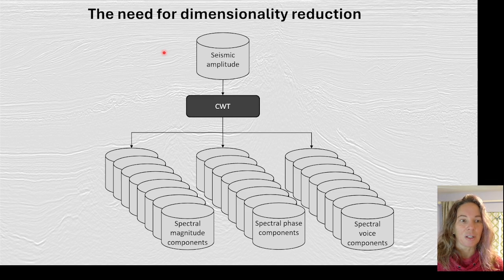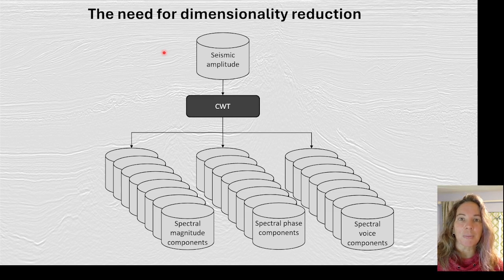Maybe we're doing it every 5 hertz or so throughout the bandwidth of the seismic data. And so we end up with a 5 hertz magnitude spectral component, a 5 hertz phase component, and a 10 hertz and a 15 and a 20 and a 30 and a 40 and a 50, and the same thing for the spectral voice components. So we end up with dozens of different 3D seismic cubes.